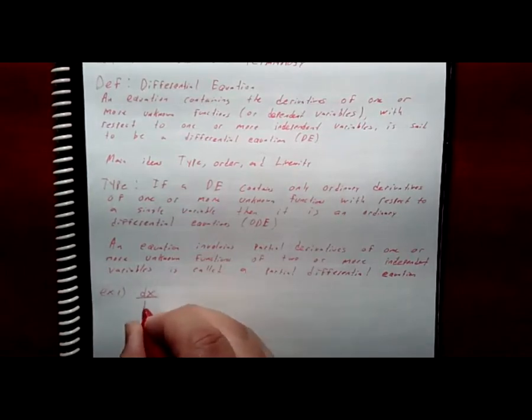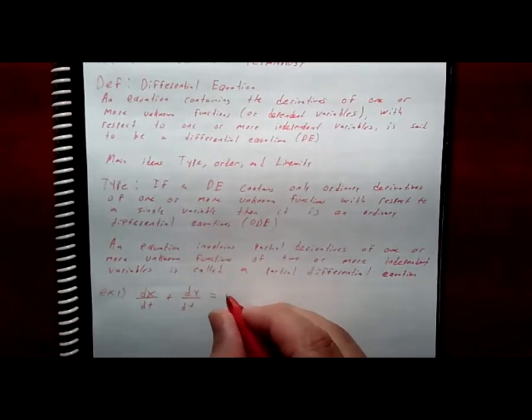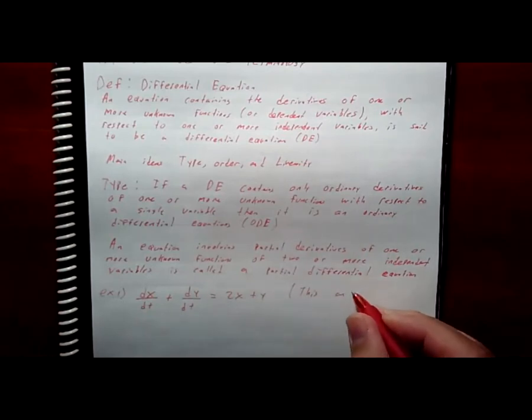So something simple like this guy here. See how it's derivative of x with respect to t plus derivative of y with respect to t equal to 2x and y, right? So since they are both with respect to time, this is an ODE.